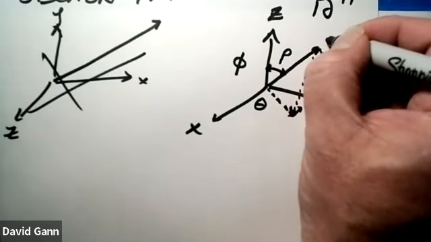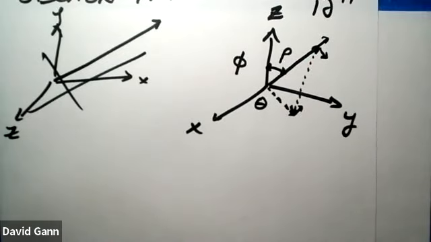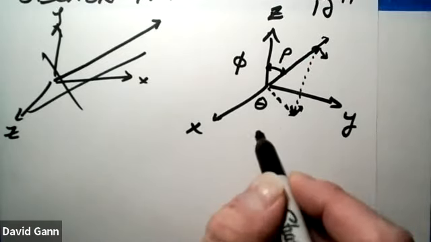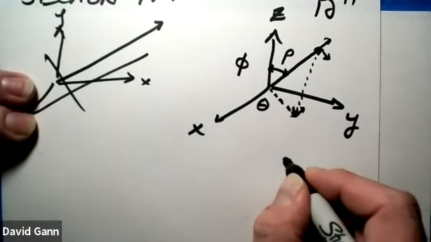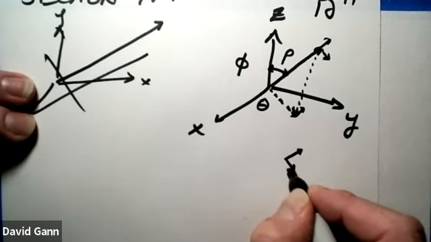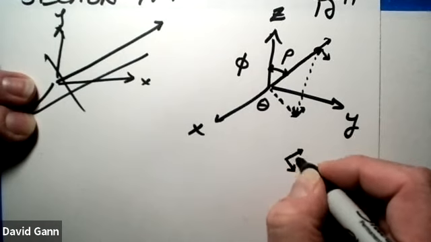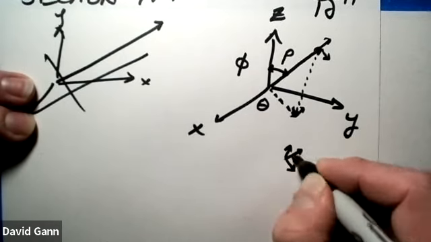And finally, the unit vector in the rho direction is actually an extension of that vector. So if you were to look at it in isolation, you have rho hat, phi hat, and then it's a little bit hard to put in there because of the way I've got it drawn, but maybe there's your theta hat.